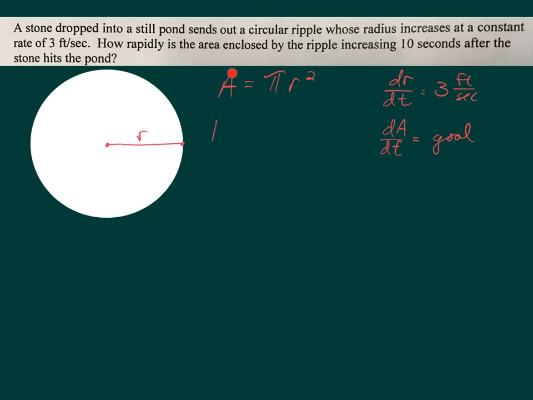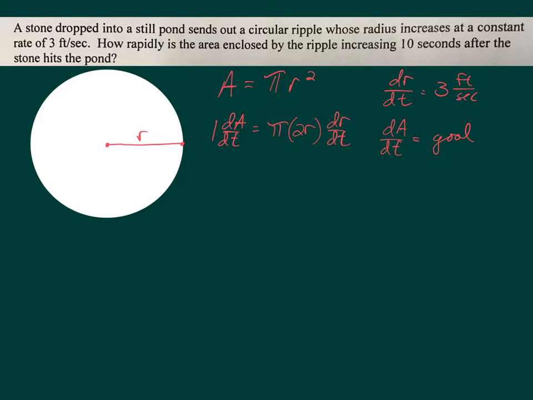But since we're taking the derivative with respect to time, I will need this dA dt here equals pi, the derivative of r squared would be 2r. But I'm also taking the derivative of r, the radius, with respect to t, so I will have dr dt. All right.